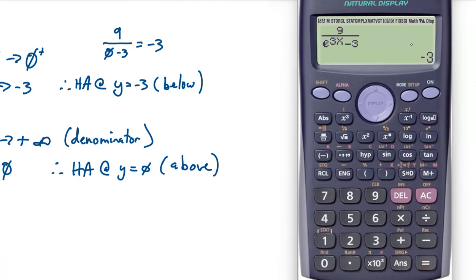Even negative 10 was too big for that one. So negative 5. Just below negative 3. Let's try 5. Just above 0. Right? Fairly convincing, I think.